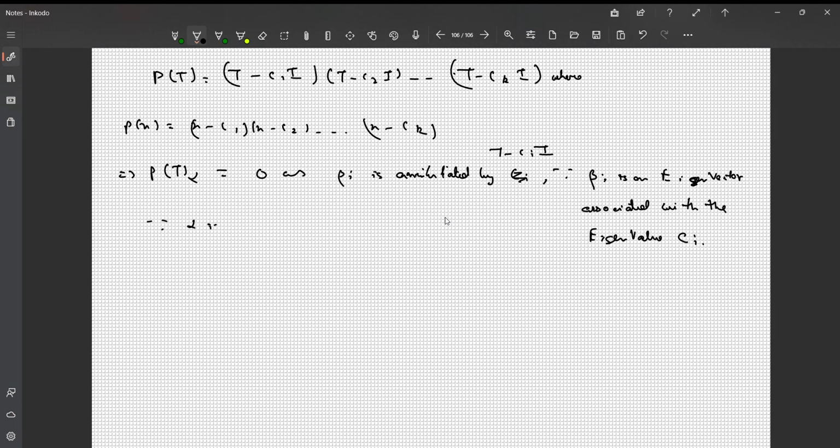So since alpha is arbitrarily chosen from V, therefore P is the minimal polynomial of T.